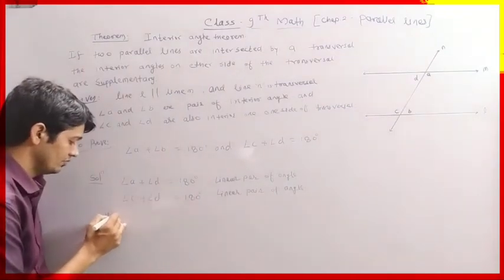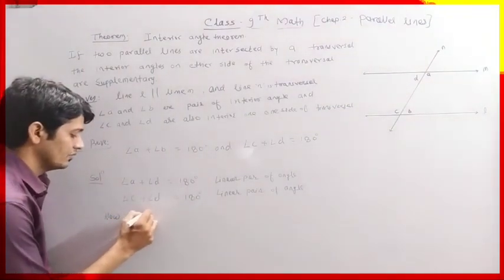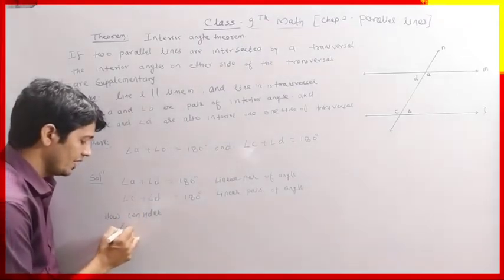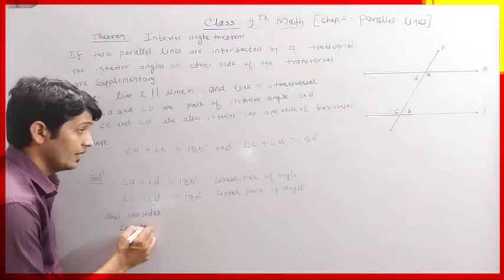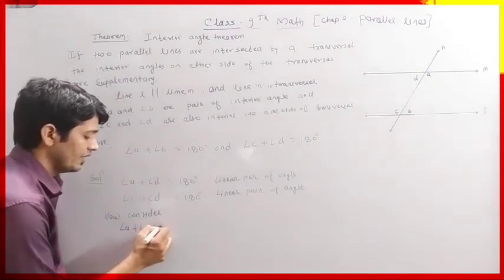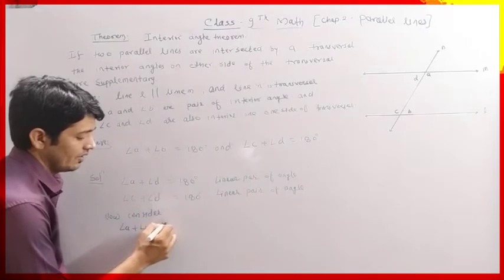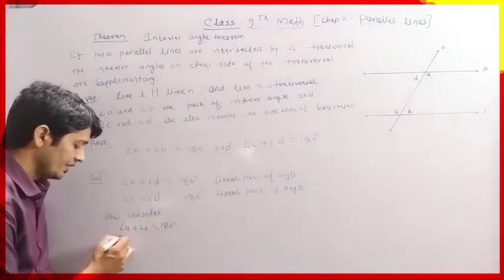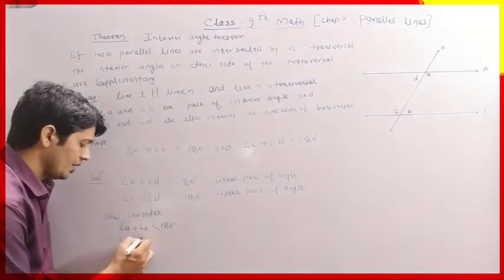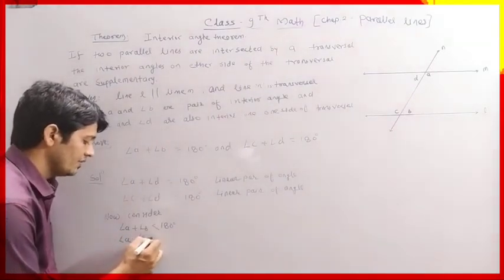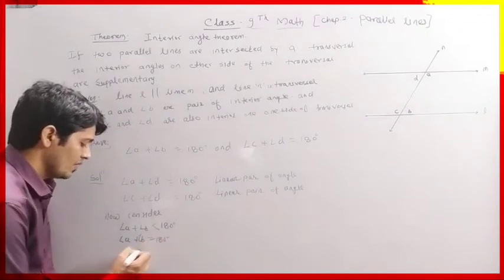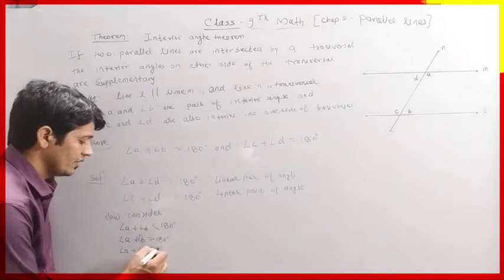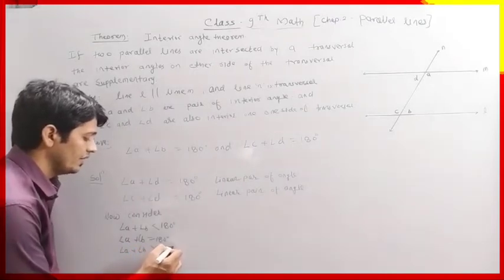Now consider, what we have to consider. Angle A plus angle B is less than or greater than 180 degrees. First we can check less than. Second condition, or angle A plus angle B is equal to 180 degrees, or angle A plus angle B is greater than 180 degrees.